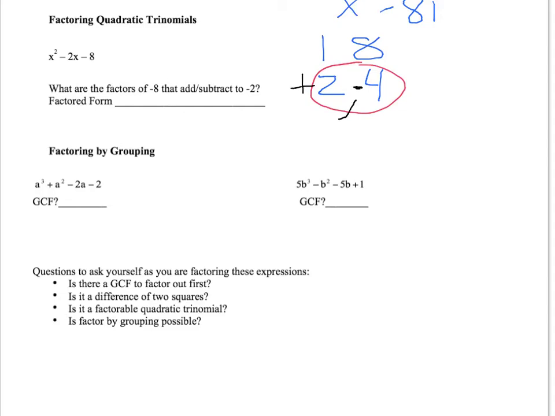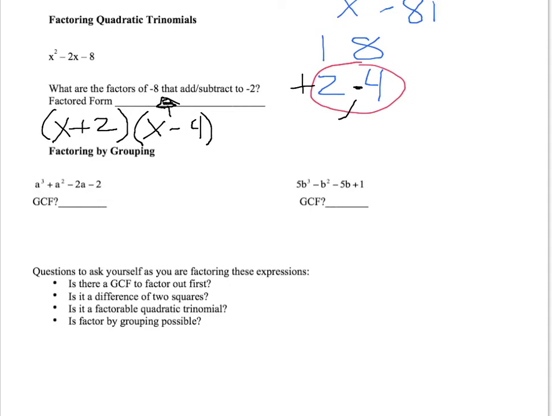So when I write my factored form, it's going to be x plus 2 times x minus 4. And again, that goes up there, I just can't fit it. If I were to FOIL that, I would notice it does factor right to x squared minus 2x minus 8.